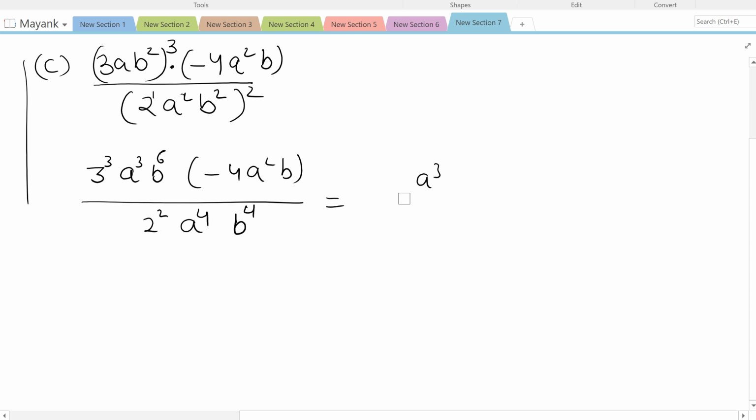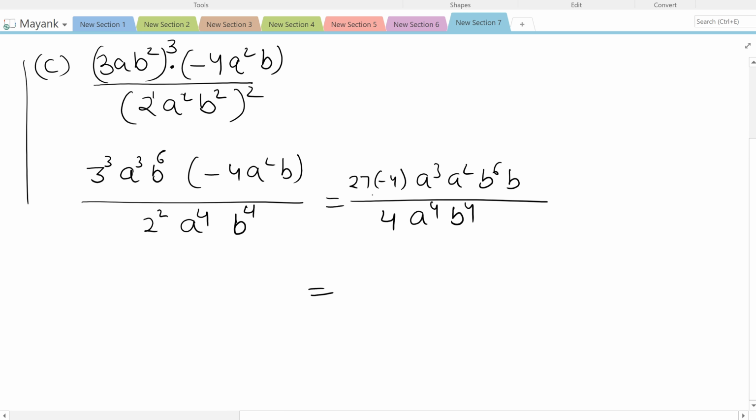I write all those numbers together: 27 bracket -4, then a cubed, and that there's a squared, and then I write this b6. So I write together the like terms. 2 power 2 is 4.